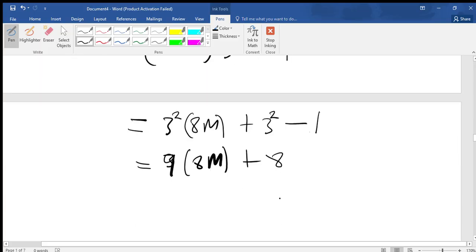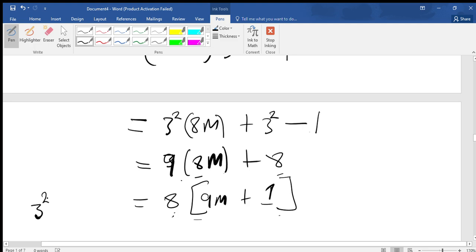And once that is done, we see the 8 coming out. So 8 can be factored out. We will remain with 9m here, plus 1. So the idea is, once 8 is factored out and multiplied by a certain integer, then it is true that 3 power 2k plus 1 minus 1 is equal to 8 times a certain integer.